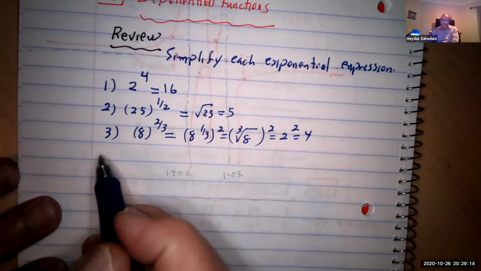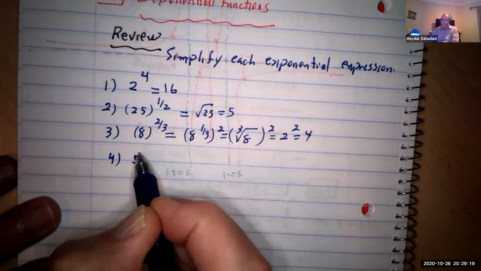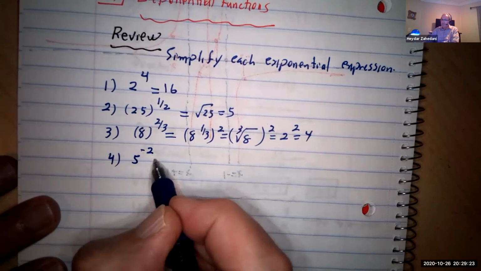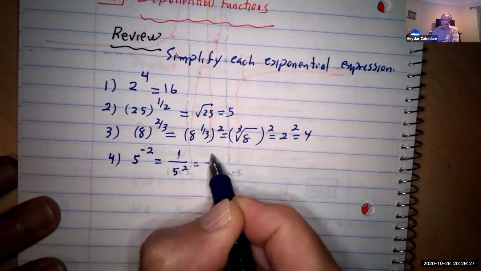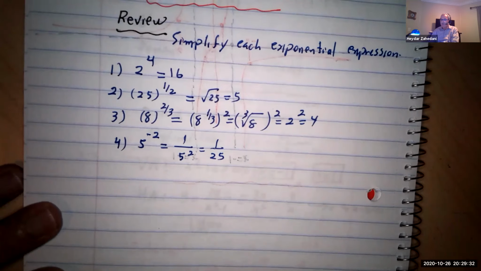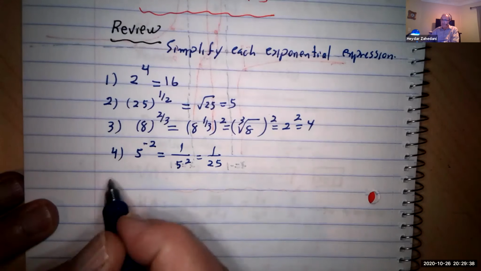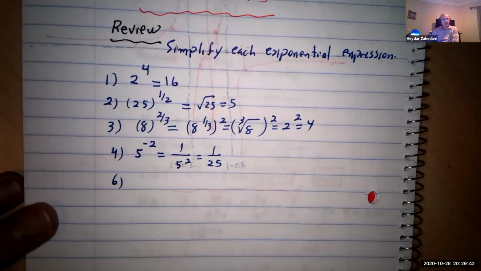Then the other one is the negative power. If I give you 5 to the negative 2, again we can do it, because 5 to the negative 2 we write as 1 over 5 squared, and this is 1 over 25. So we can do even the negative power. In these examples the bases were all greater than 1.